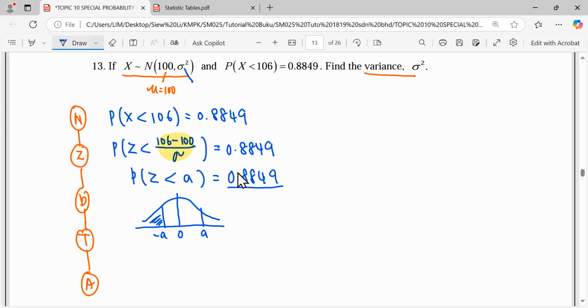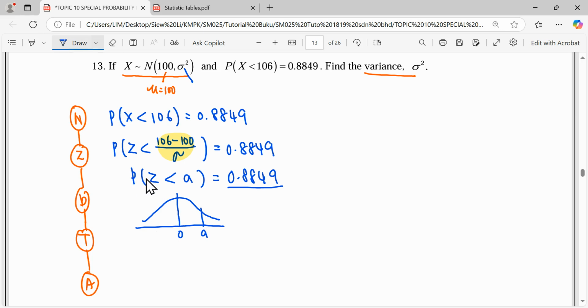Why? Probability 0.8 means it's already more than half the area, and the total probability for a normal graph is 1. So 0.88 is already more than half the region, which means our A value is not in the negative region. It will be positive.